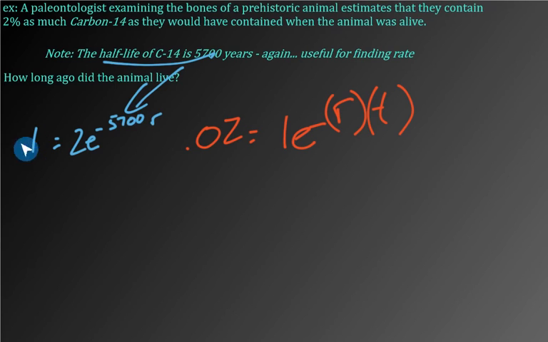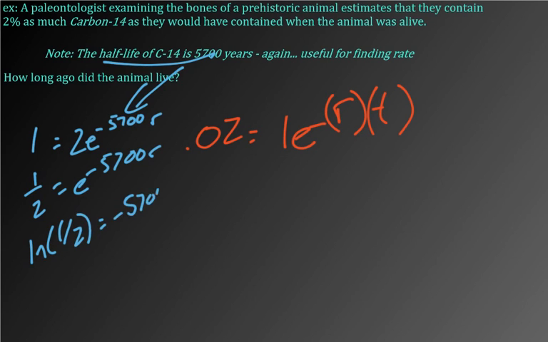And so we could use that equation to solve for R. So just going to divide by 2, take natural log, and then divide by negative 5,700. So natural log of a half over negative 5,700 is your rate, whatever decimal that is.